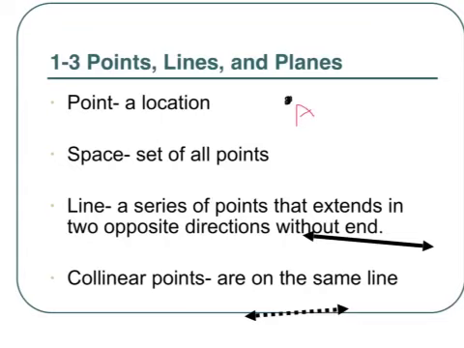So imagine on this line that I have here, and we know it's a line because the arrows on either side indicate that it goes on forever in both directions. And the line is made up of points all along it, and they're just filled in with more points.